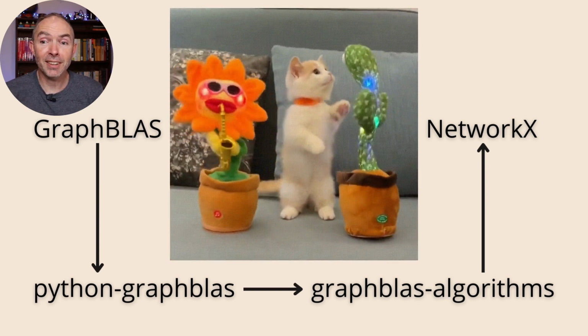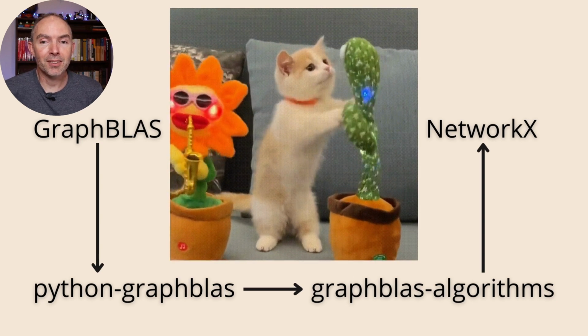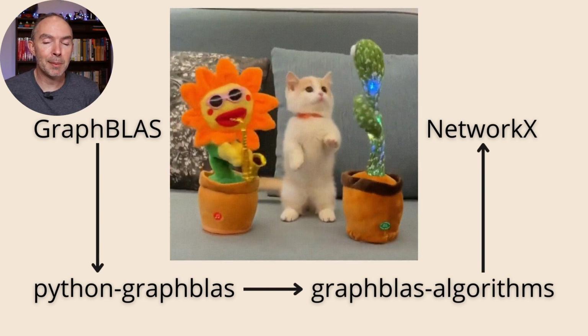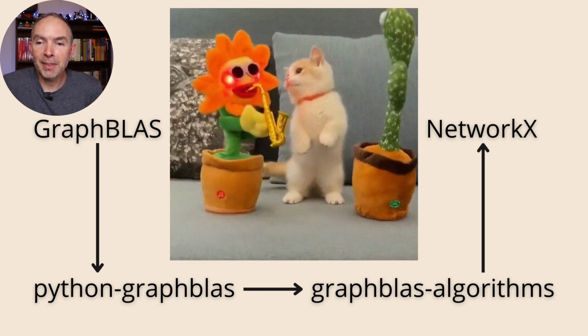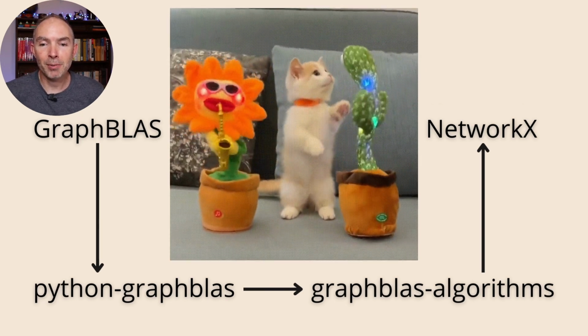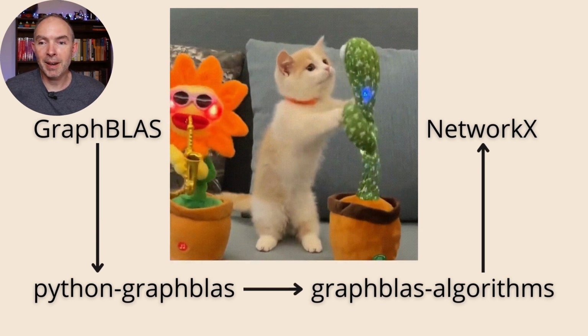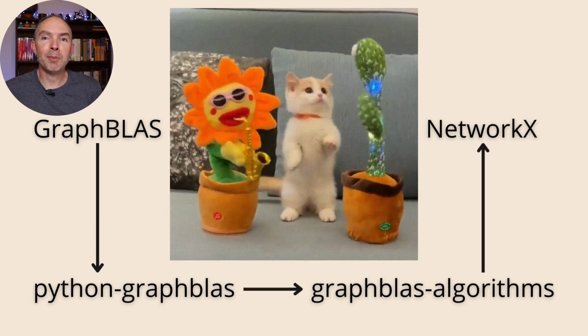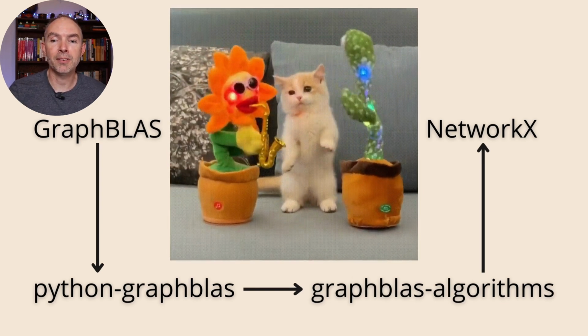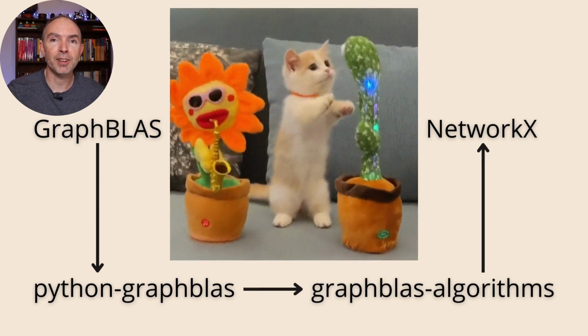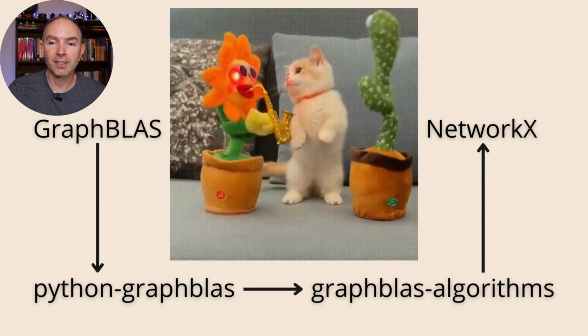GraphBLAS, in addition to being a saxophone playing flower, is a really fast C library that enables us to write graph algorithms. Our first library here, Python GraphBLAS, makes writing GraphBLAS as natural as it can be in Python. Of course, we wrap the C library, but we actually target the mathematical language behind GraphBLAS, which leads to some pretty interesting Python syntax.